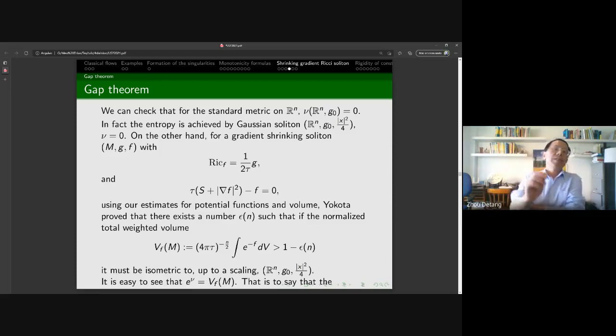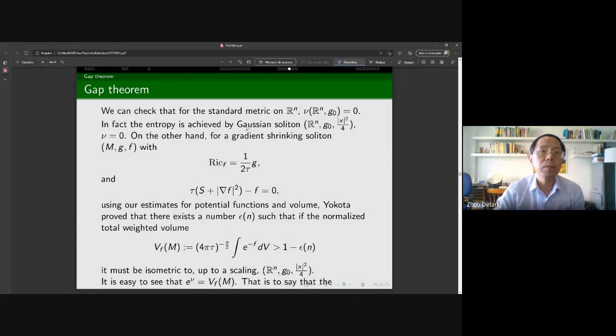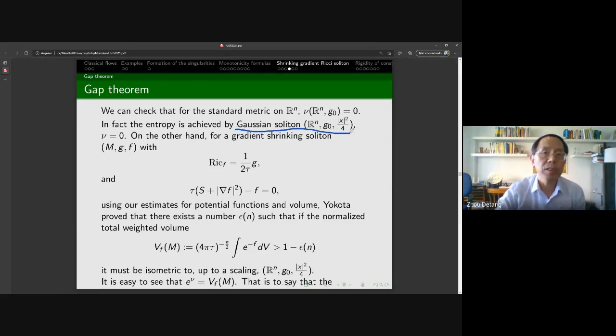Also, there is an interesting thing for the shrinking Ricci soliton. As we see, this is the most famous shrinking Ricci soliton, which is Gaussian. We just take the canonical metric and take a potential function like this.